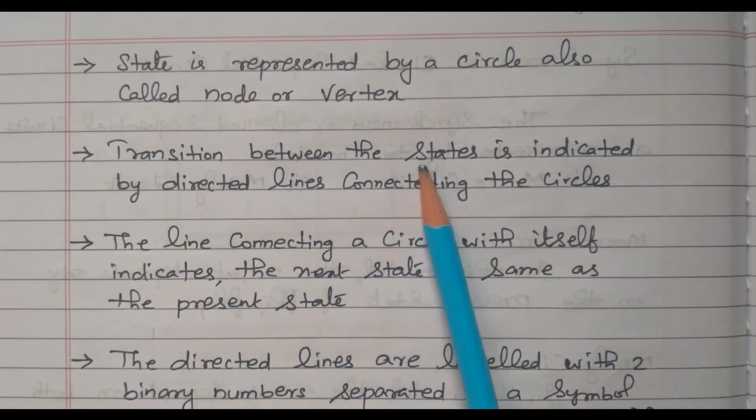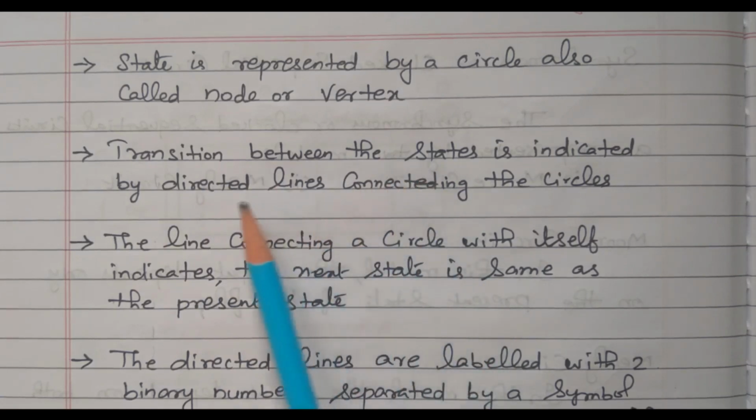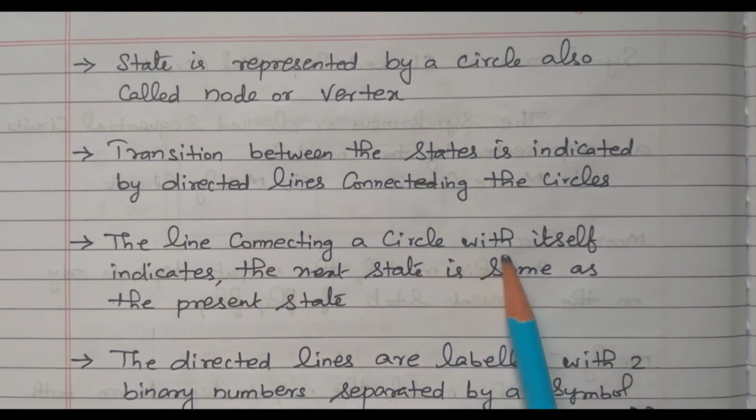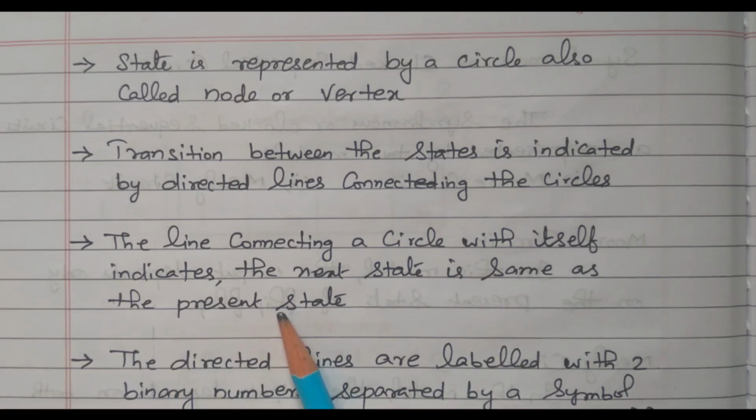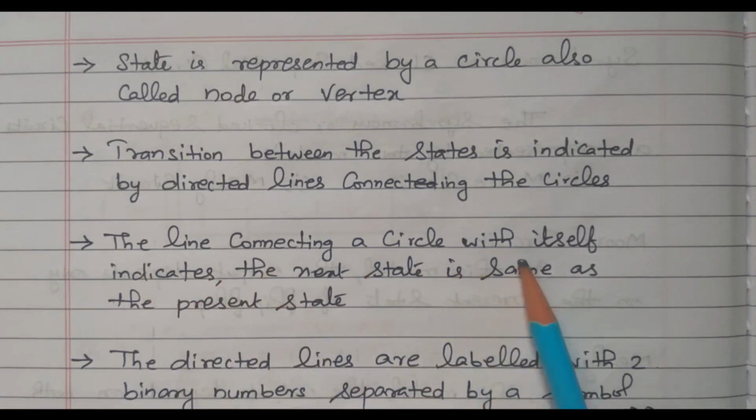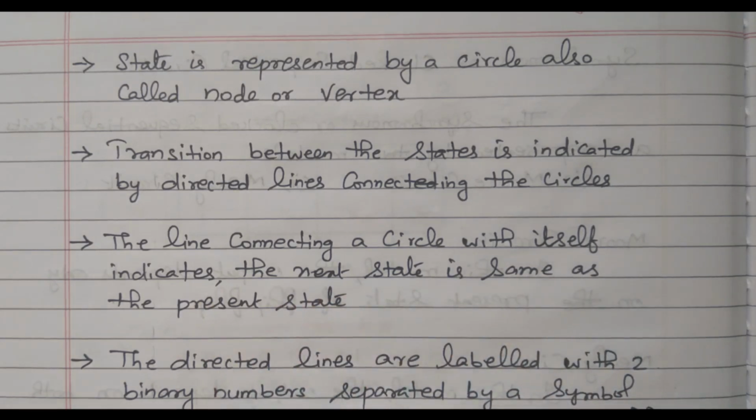The line connecting a circle with itself indicates the next state is same as the present state. A to A means the line indicates that for that state A goes to A itself, right.